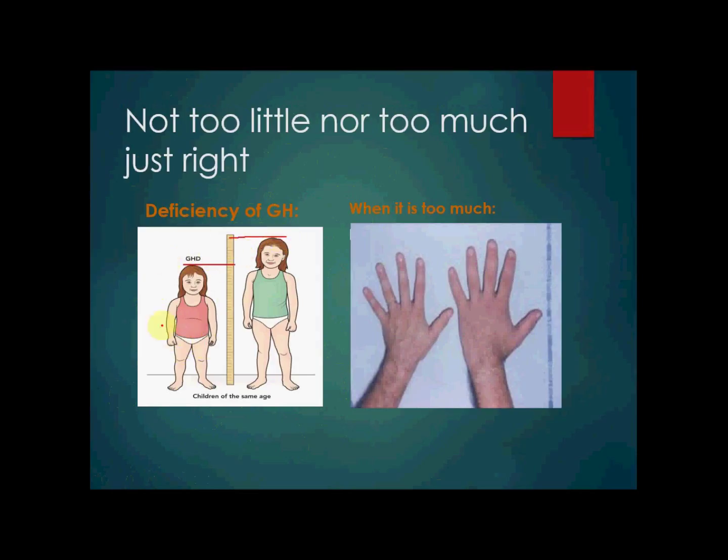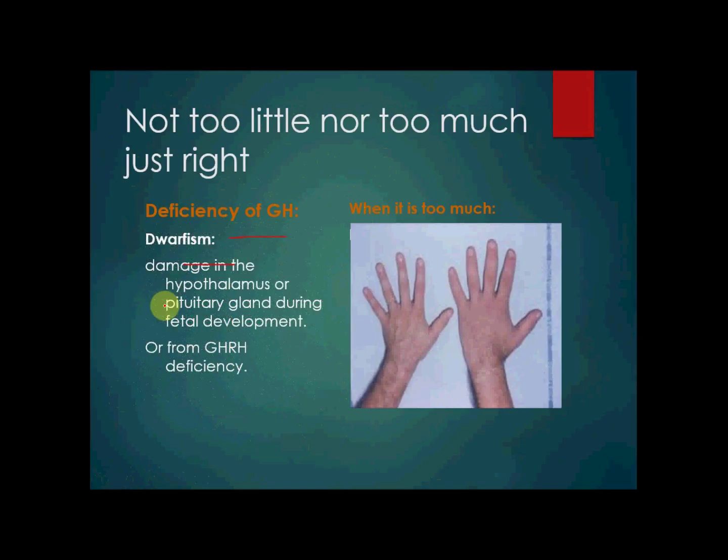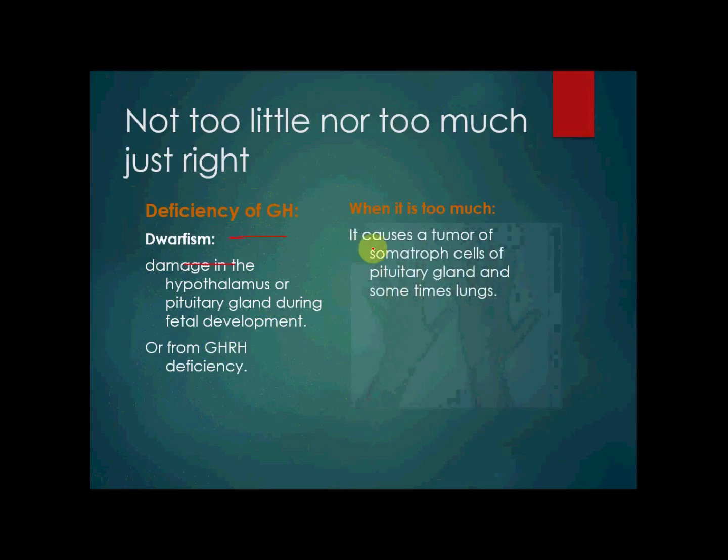So she has a deficiency in her growth hormone, which causes dwarfism. So damage in the hypothalamus or pituitary gland during fetal development often results in dwarfism. But when it is too much, it is from a tumor in the somatotroph cells of the pituitary gland and sometimes lungs.